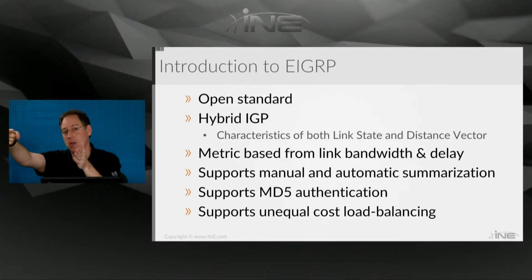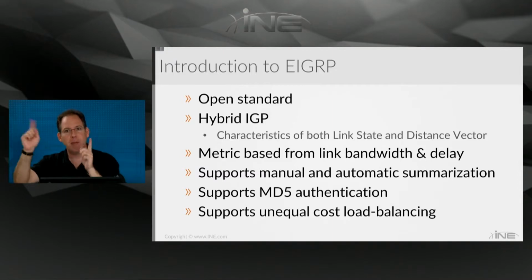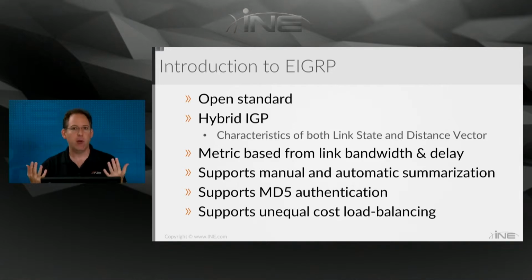Now, if the hop count looks the same, your routing protocol will put both paths into the routing table and you'll be able to load balance. So most routing protocols are like that. They will only select the best path if there's more than one path to a destination. And if you want them to put those 2 or 3 additional paths in the table, you have to tweak the metric in some way to make them look the same.